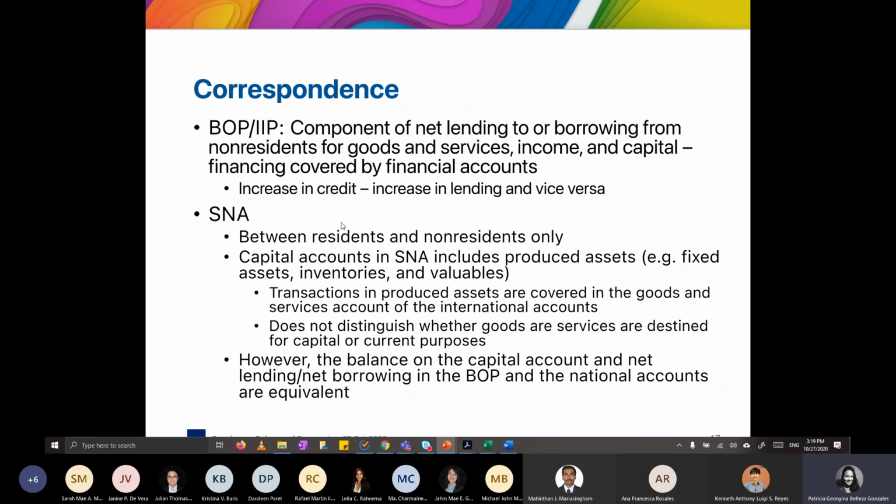So an increase in credit here increases the probability that you'll be lending, so an increase in lending and vice versa. I'll just go into this later.